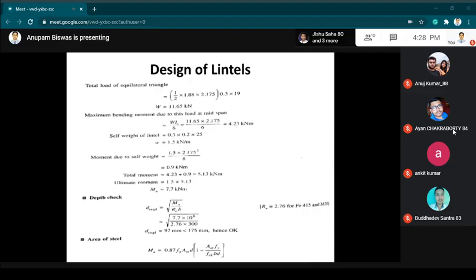So omega is 1.5 kilonewton per meter. From here we will find the moment due to self weight, that is WL square by 8. So W into 2.175, L square by 8. So we'll get 0.9 kilonewton meter.